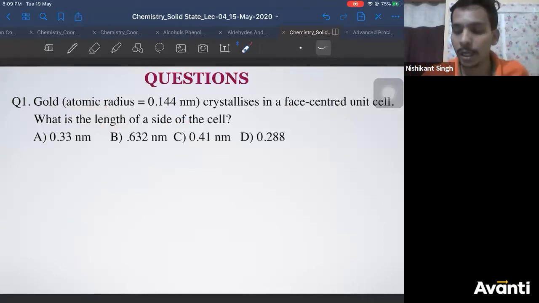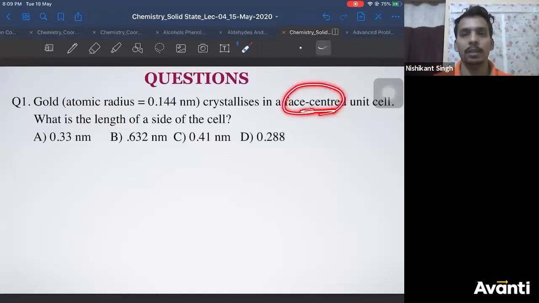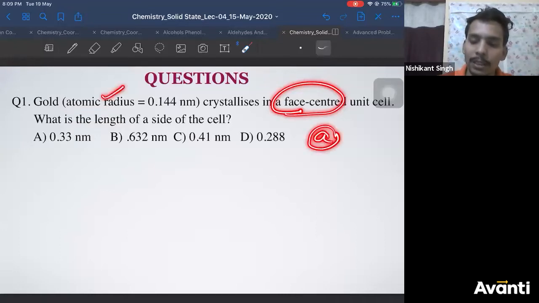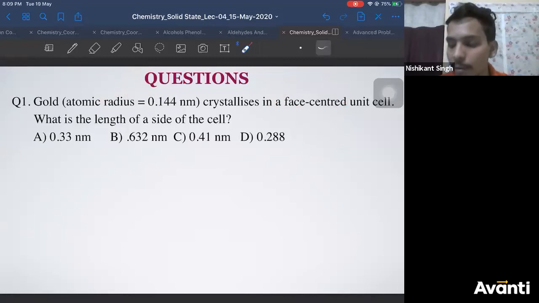That means you have to find the side of the unit cell, a, if gold crystallizes in FCC, and the atomic radius is given. Directly, you can use the relation between a and r for FCC and find it quickly. These types of questions have been asked in JEE Mains also, NEET also, to be honest.